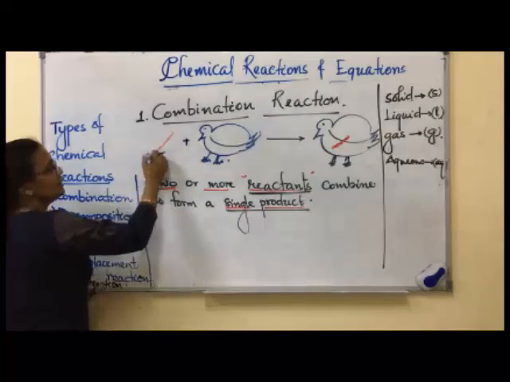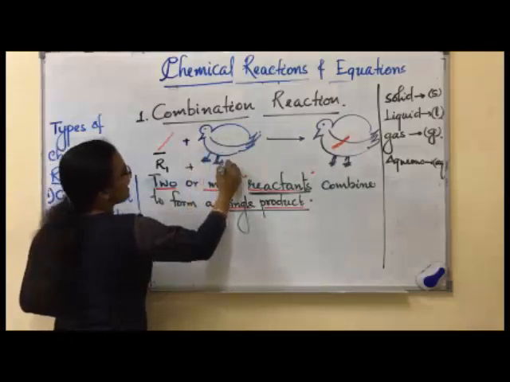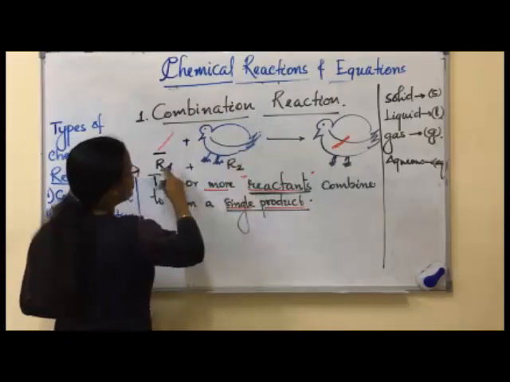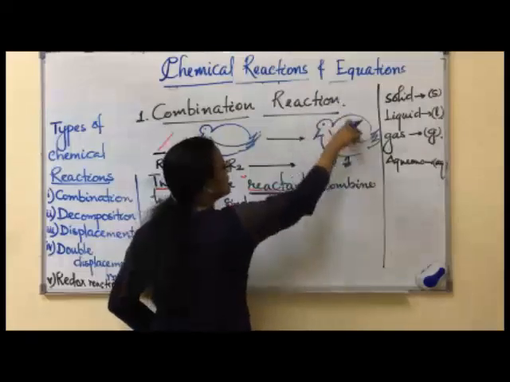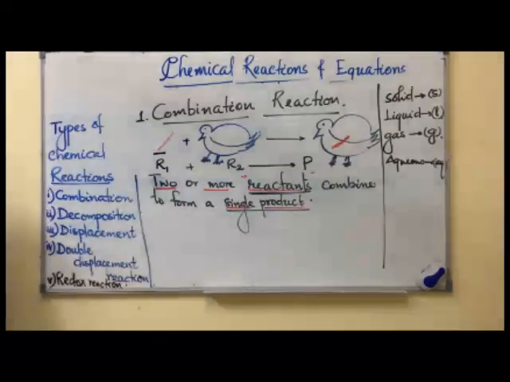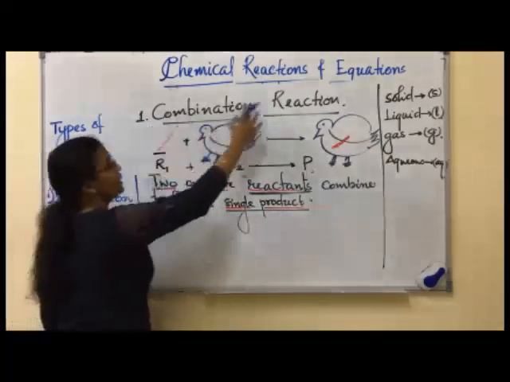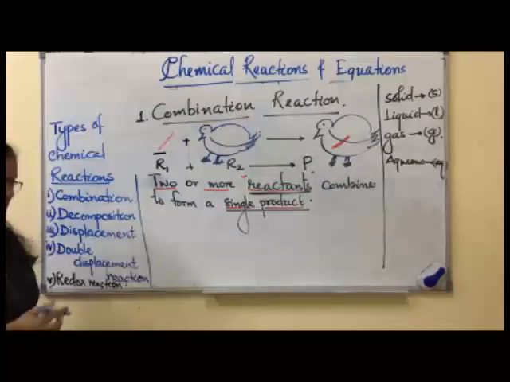This is reactant number 1 and this is reactant number 2. Two reactants. Now it converted into what? A single unit. So only one product. This is known as a combination reaction. I hope you are able to connect this picture with the combination reaction.